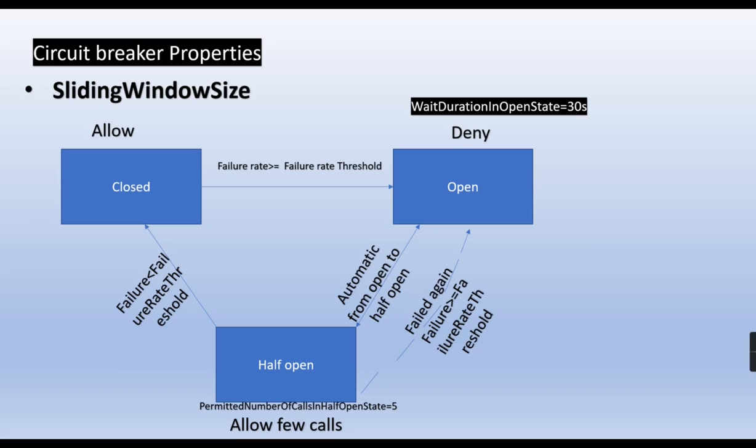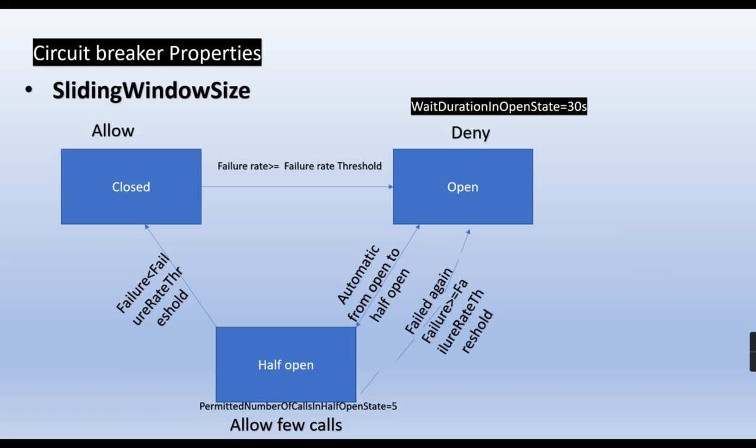That should be 100, or 1000 per second per hit, or whatever the time limit. In that, if the failure rate threshold is reached, for example out of 100, 60 percent is failing, or 70 percent is failing, or even if 10 percent of the calls are failing, we can put that.